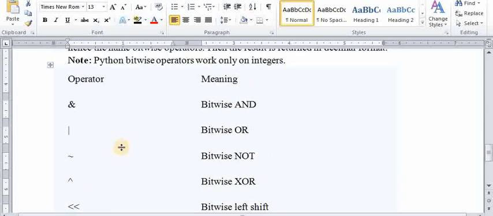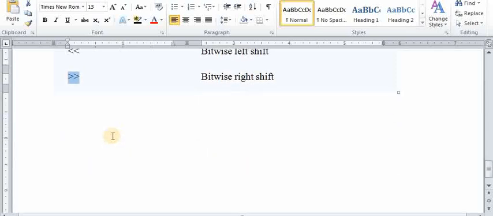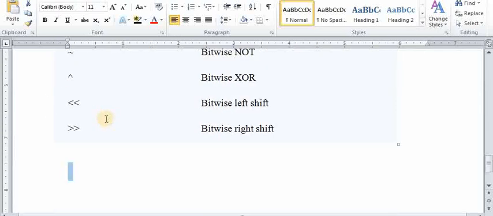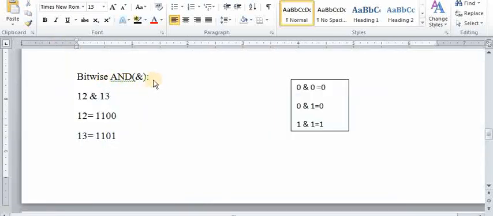Let's explain them one by one. First of all, the bitwise AND operator. For the AND operator, a single & sign is used to find bitwise AND.